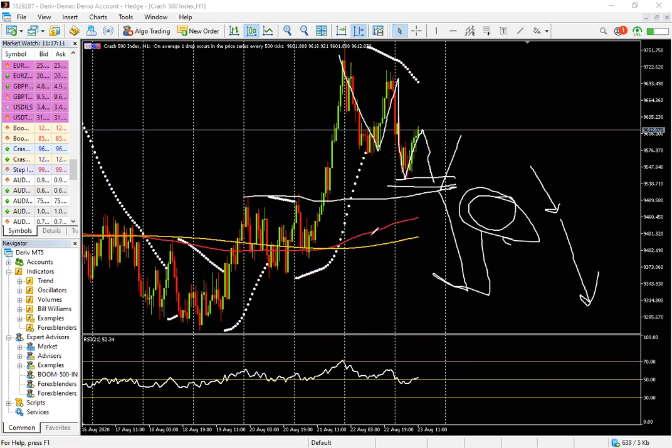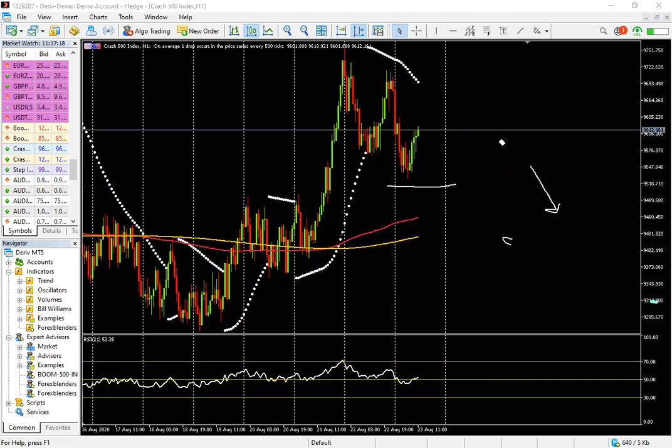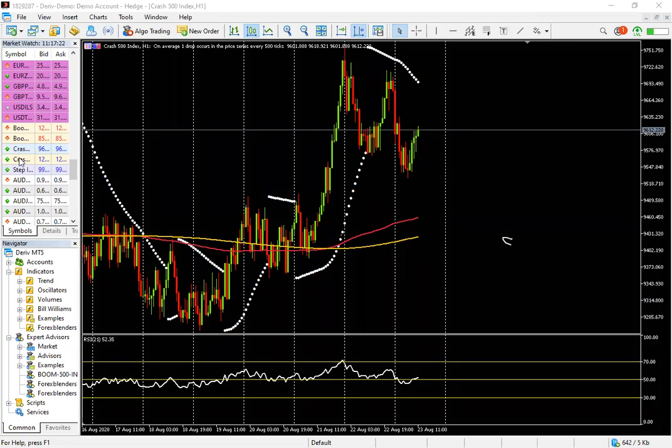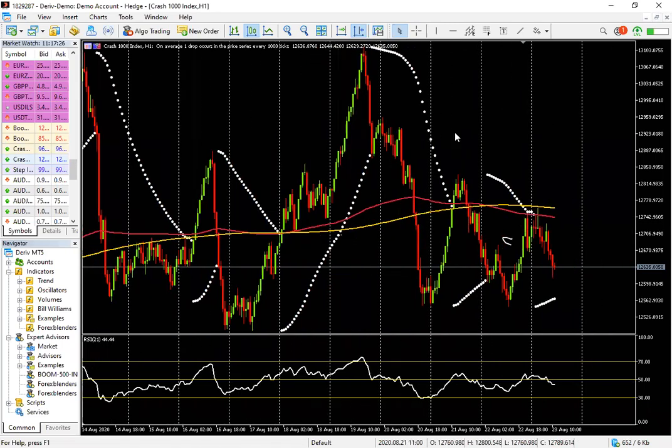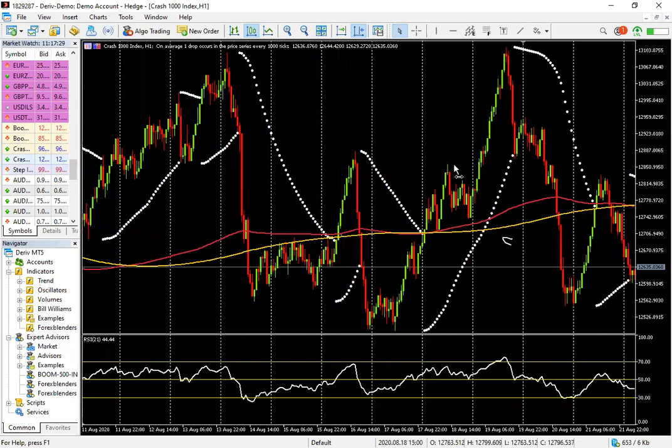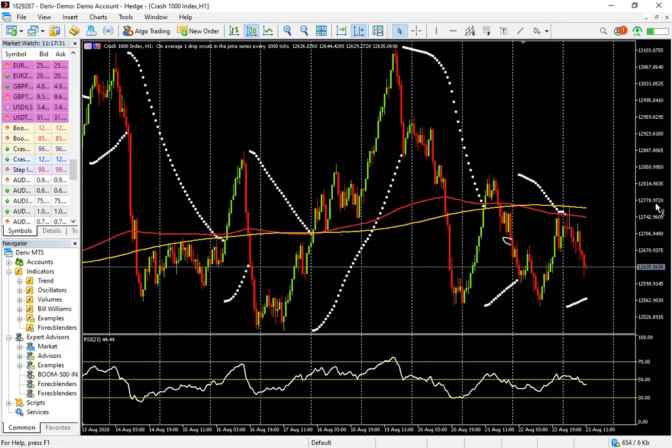So this is Crash 500. Let's see Crash 1000. Let's check on Crash 1000, see what we have. Crash 1000 of late has been moving in consolidation.